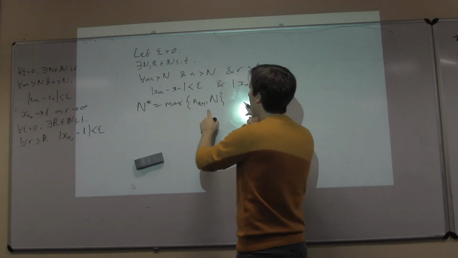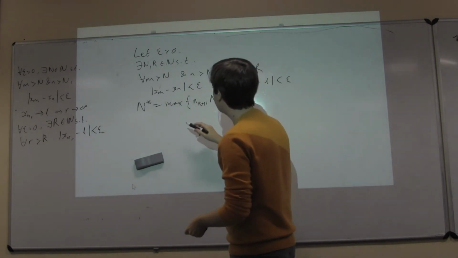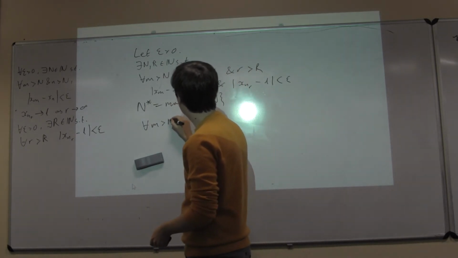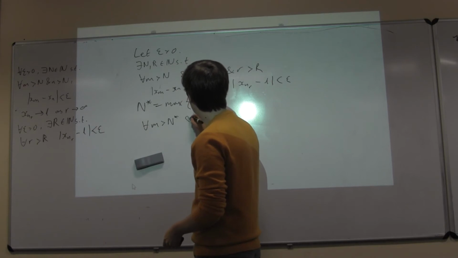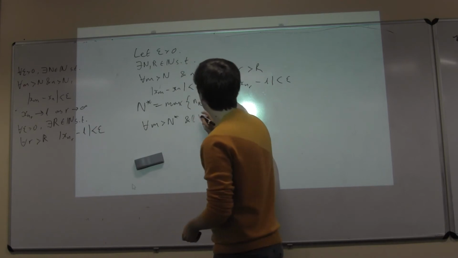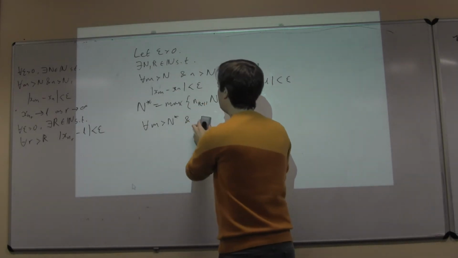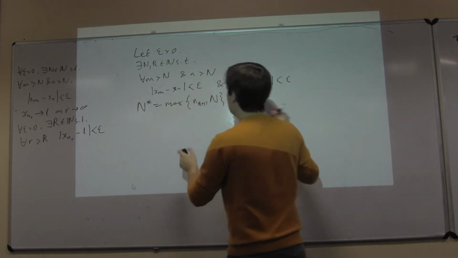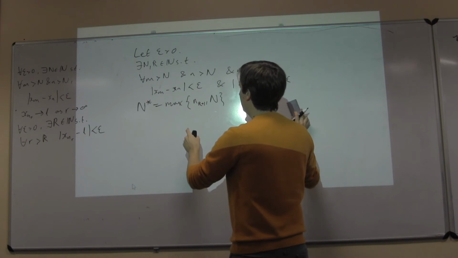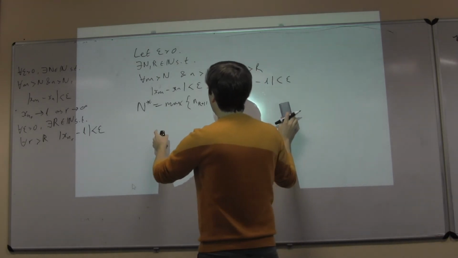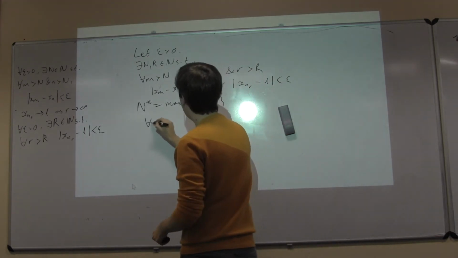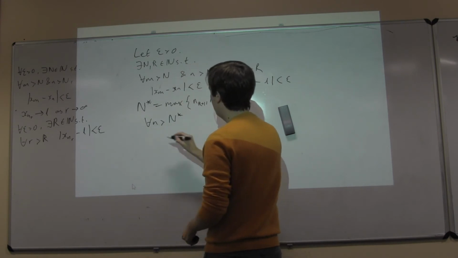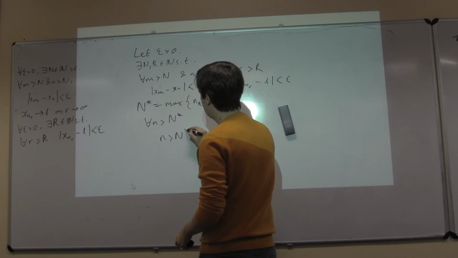Okay. Then for all m bigger than N star and n, let's get, so for all n bigger than N star, n is bigger than N star.